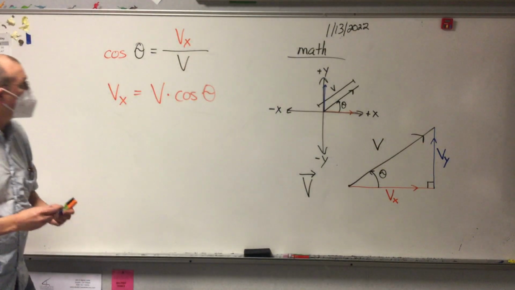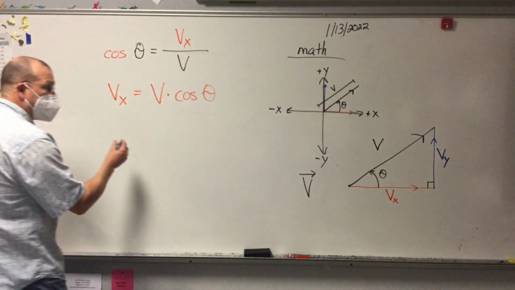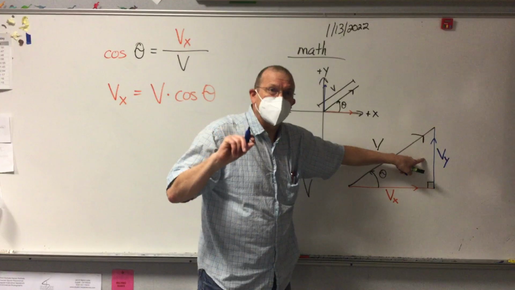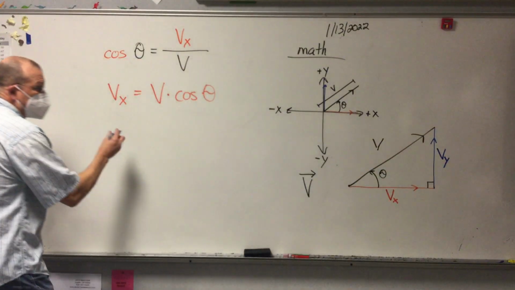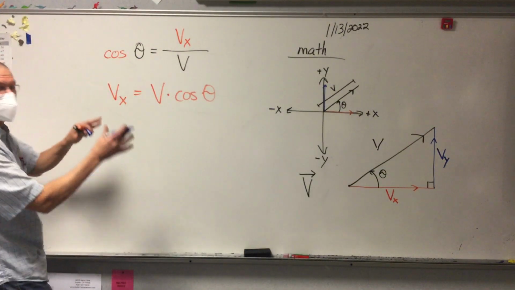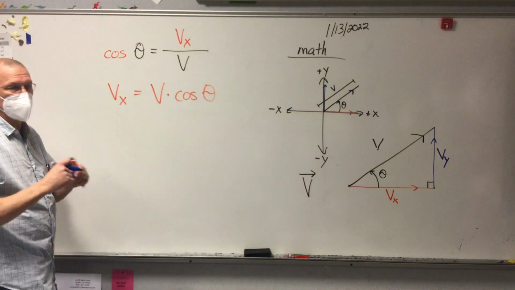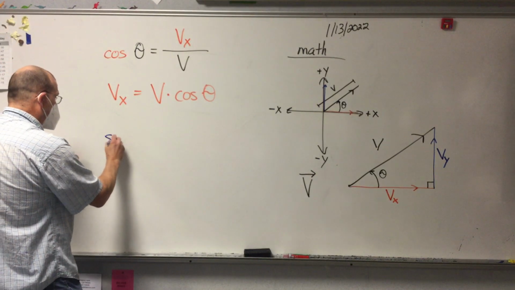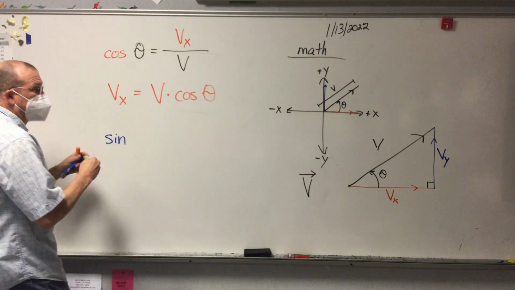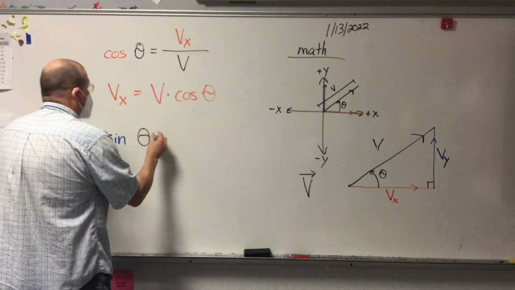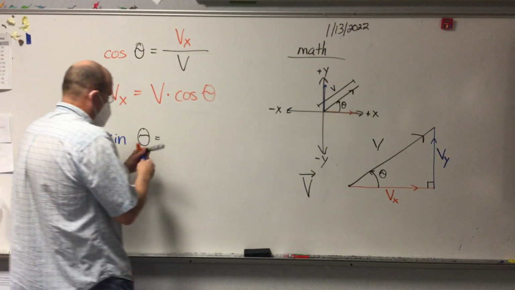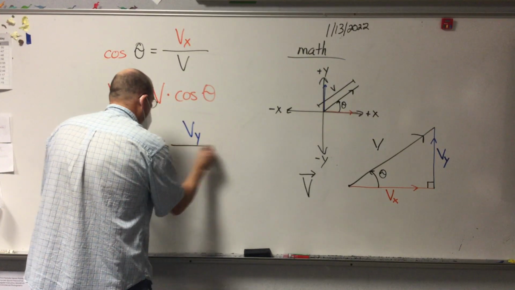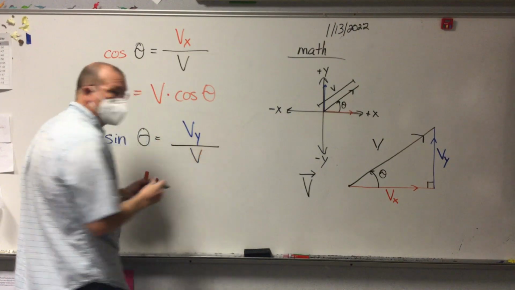We have a similar thing where we still have these two numbers, but now we want the opposite side of this right triangle. So when we talk about the vertical component or the y component of a vector, we have not cosine, but sine of our angle equals this thing that we call Vy in that picture over V again.